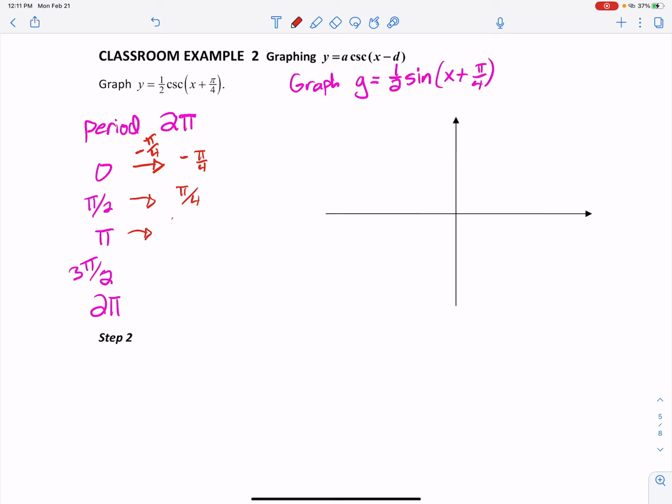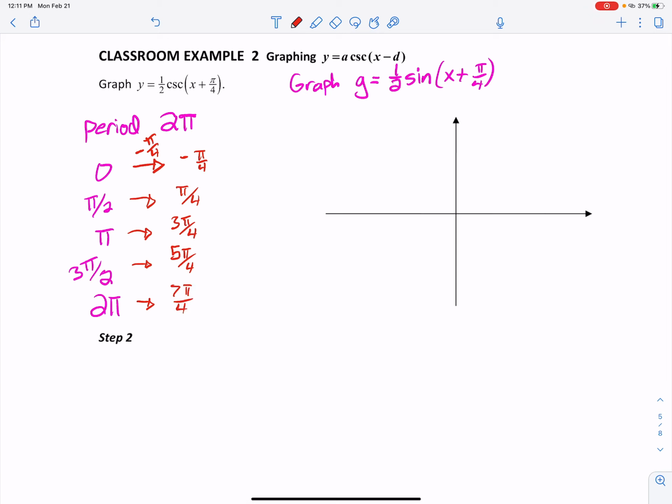Pi minus pi over 4 is 3 pi over 4. 3 pi over 2 minus pi over 4. I'm going fast, but it's because we're running out of time. 5 pi over 4. Wait, I'm going the wrong way, aren't I? I didn't subtract on that one. No, it was right. Sorry, brain fart. 2 pi minus pi over 4 is 7 pi over 4. I'm just thinking 8 over 4 minus 1.